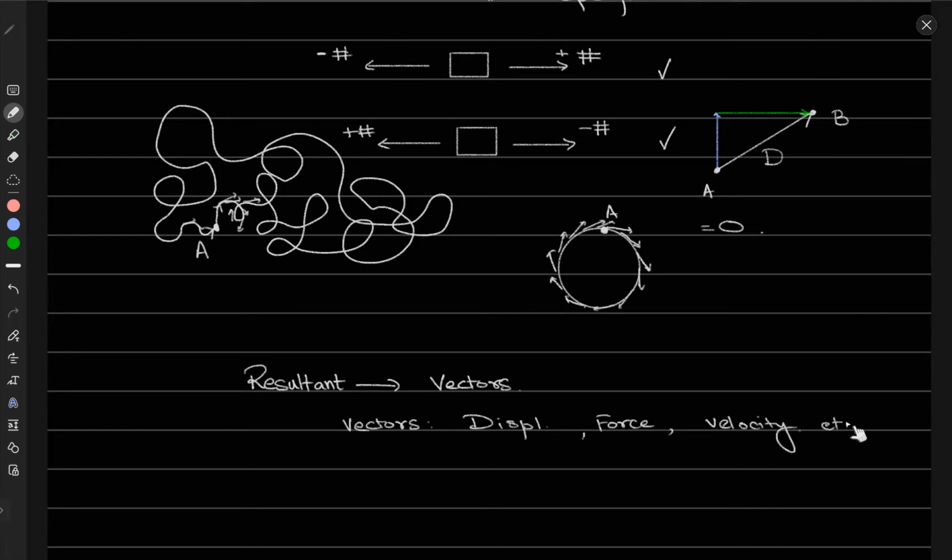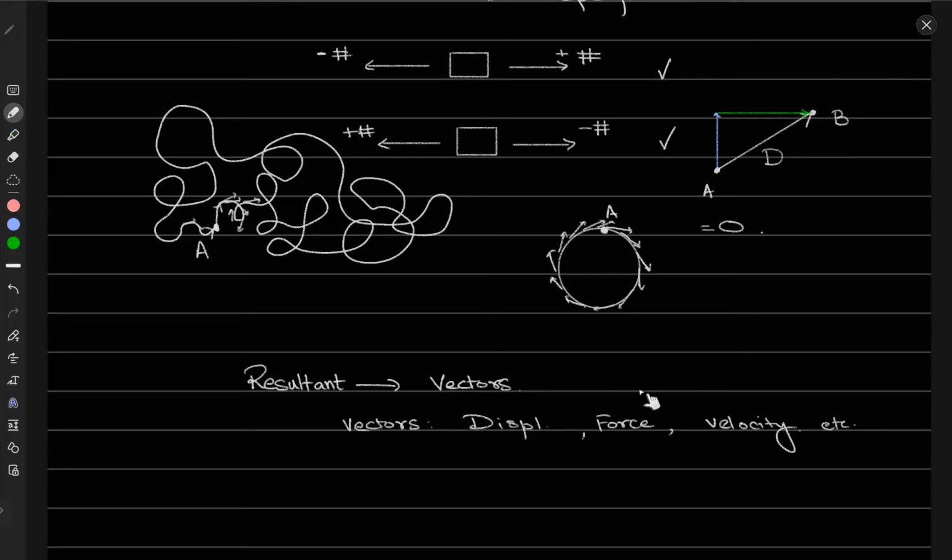So etc. So resultant is a concept that applies to all vectors. Now resultant displacement would be a resultant displacement when I basically add these two different displacement vectors, right? If I find the resultant of those, that would give me resultant displacement.